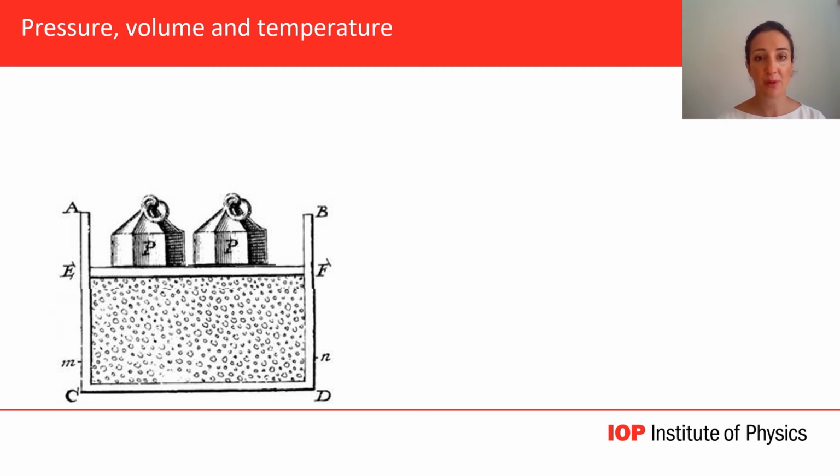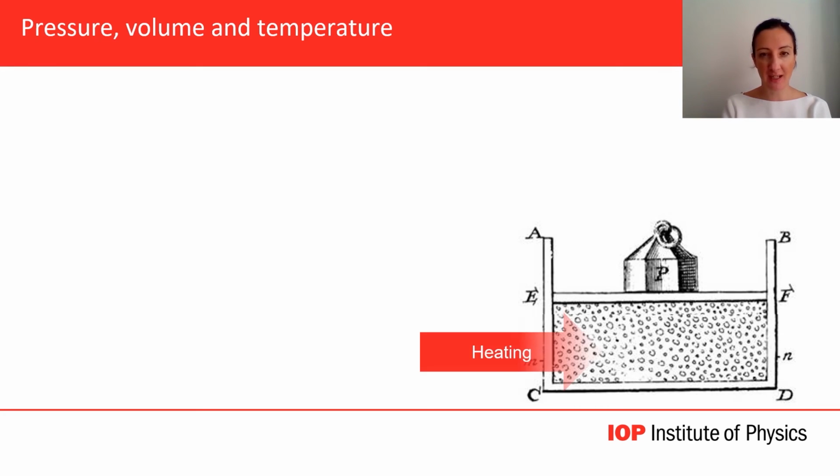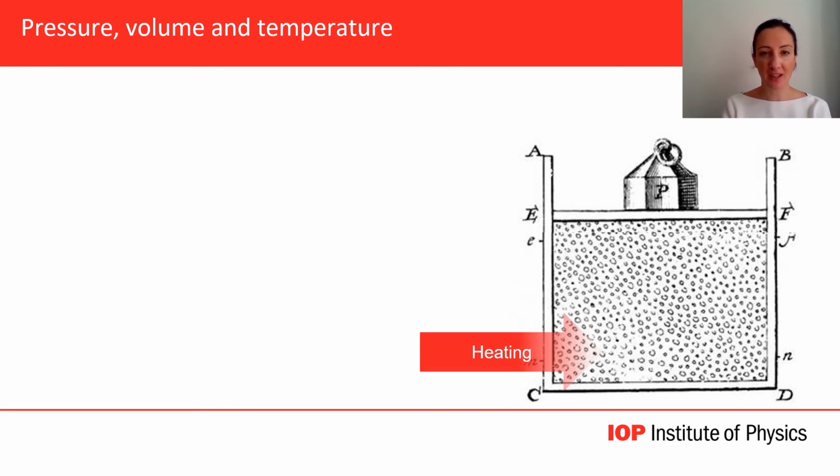A greater force will be exerted and the pressure will increase. If the temperature of the container is increased, molecules will be moving at greater speeds. More molecules will be hitting the inside of the container per second, and they will each exert a greater total force, and the pressure will increase.